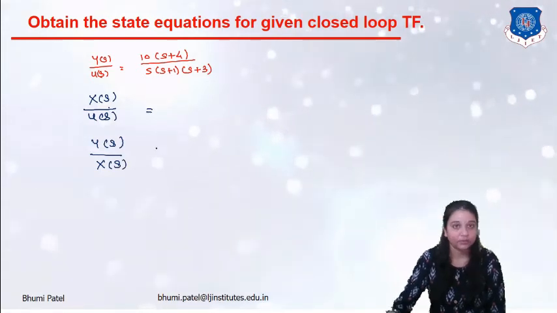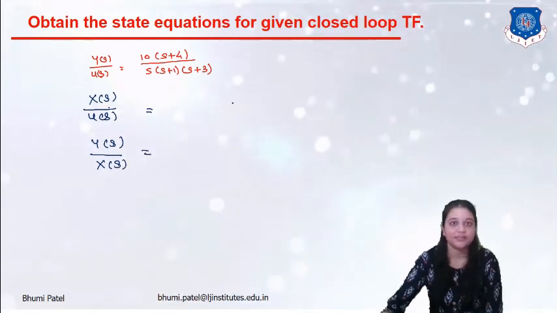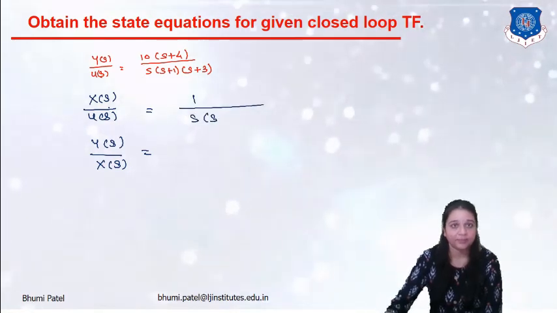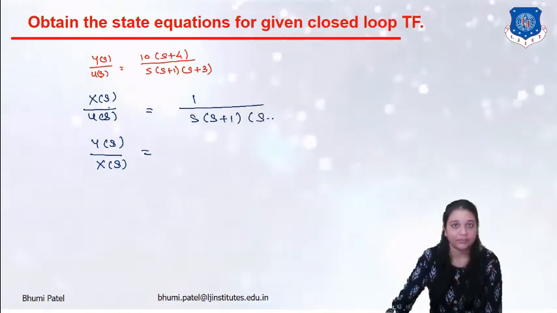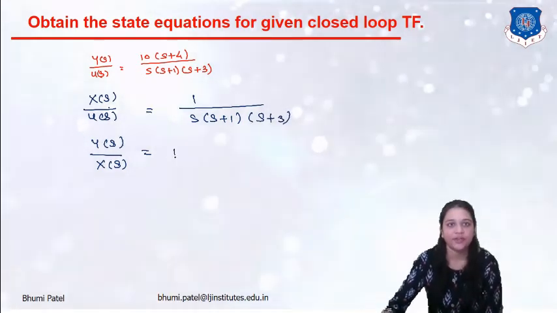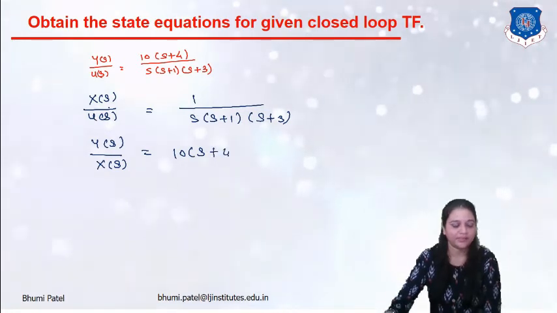Okay. So x of s upon u of s is equal to 1 upon s, s plus 1, s plus 3. Okay. And y of s upon x of s is equal to 10 into s plus 4.